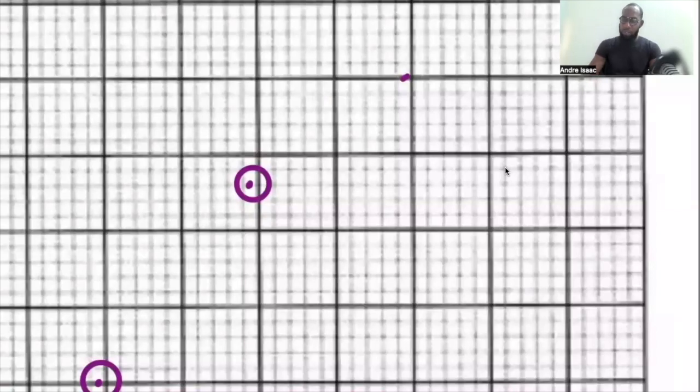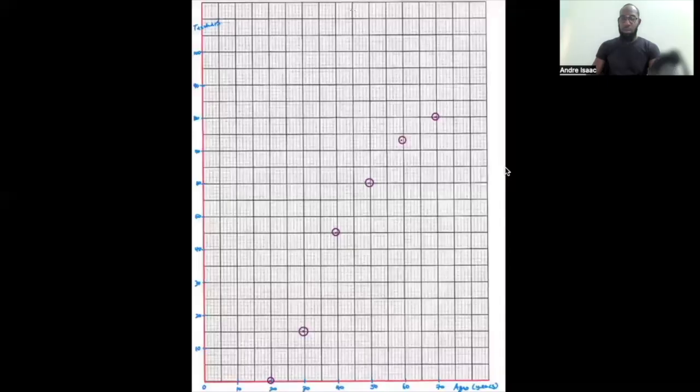So after you have that, you draw your smooth curve. So you have to draw it freehand. You draw a smooth curve. Right. That's it right there.